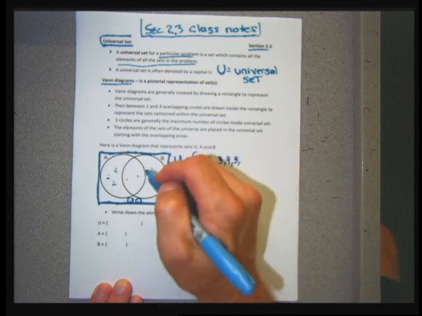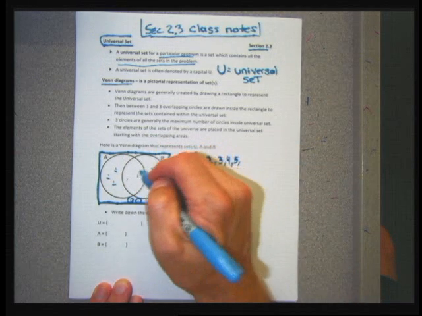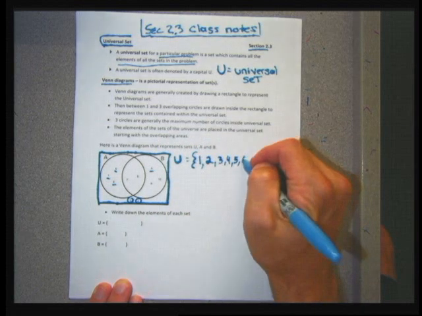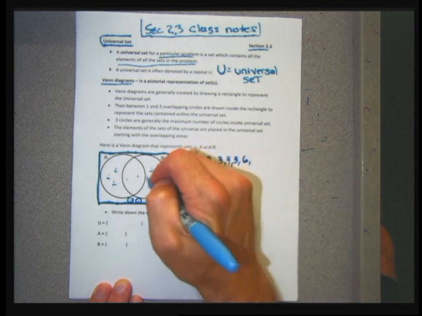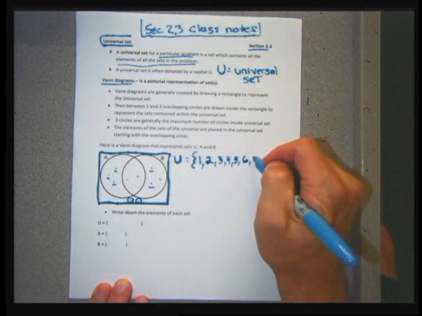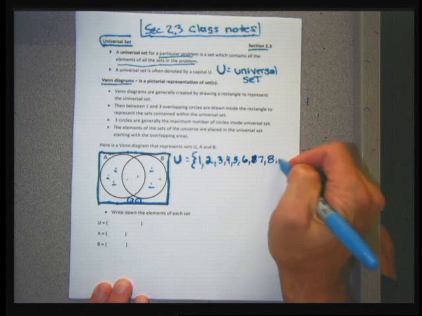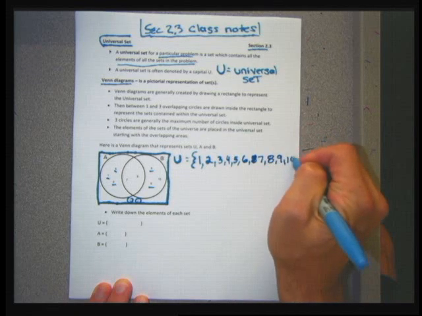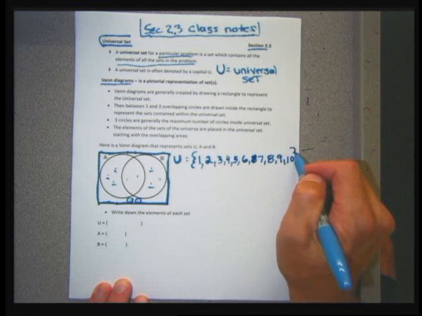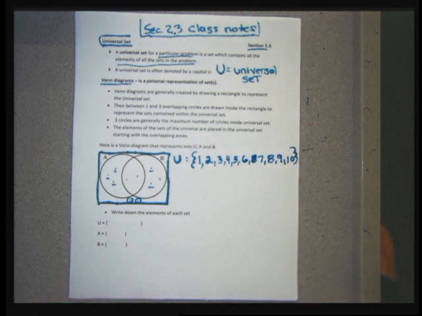With the next few problems, these are the only numbers I'm going to consider until I move on to a different universal set or a different Venn diagram. So if you look through the universal set, I see the numbers 1 through 10. So that represents the set U for this particular picture.